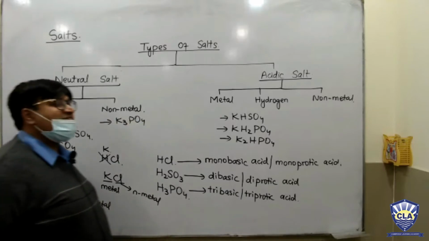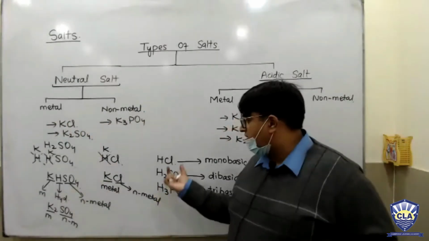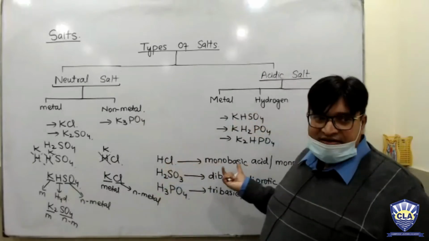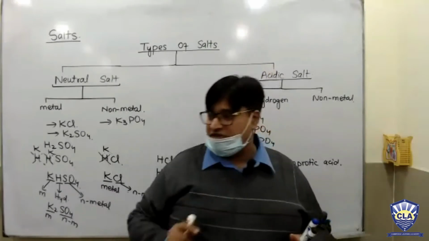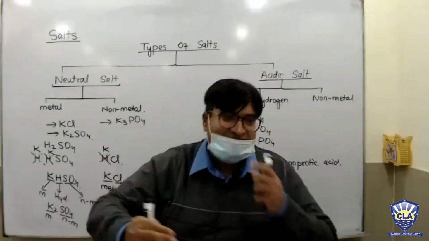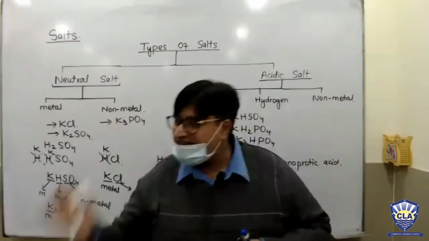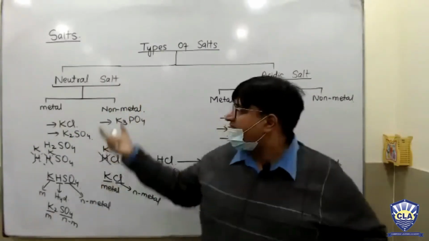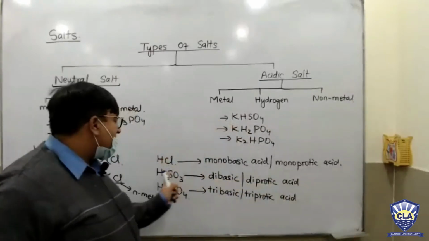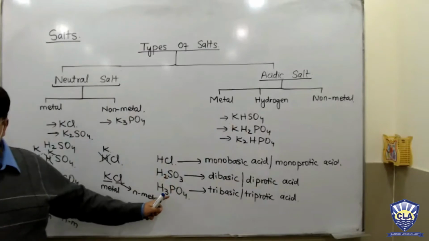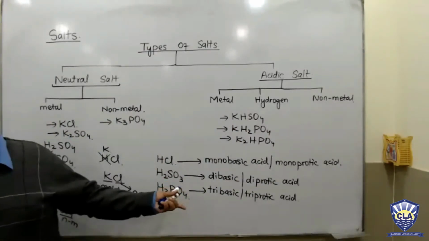So my dear students, now keep in mind that if you have a monobasic acid, it only contains 1 hydrogen, and that hydrogen has to be replaced by some metal. So as a result, you can only get the neutral salt. But in the case of dibasic acids and tribasic acids, you have more than 1 hydrogen.